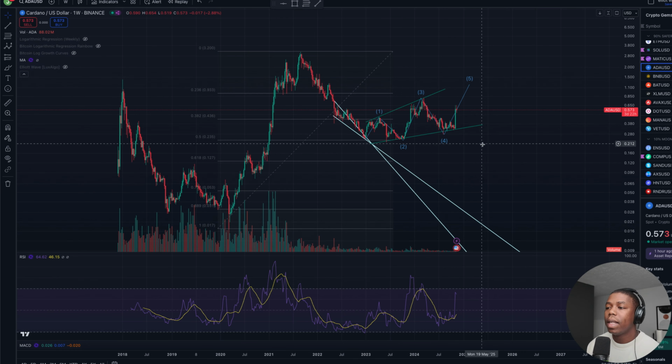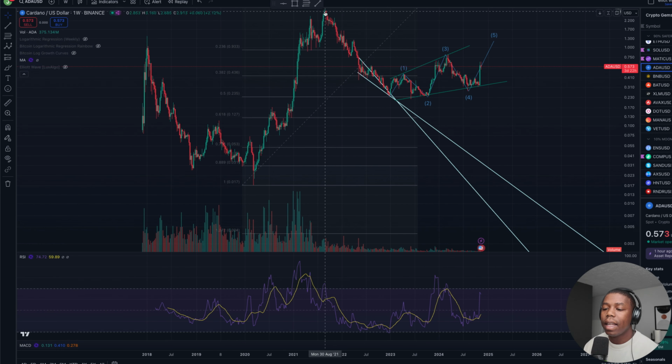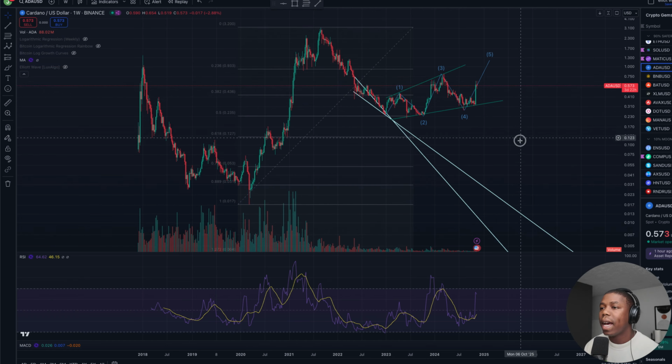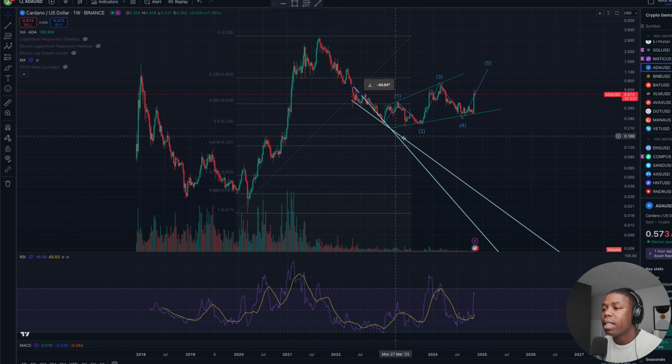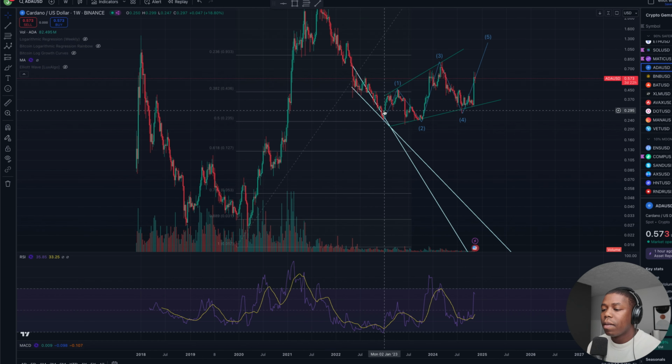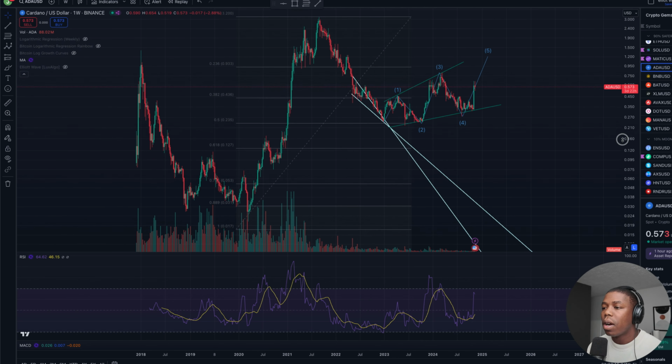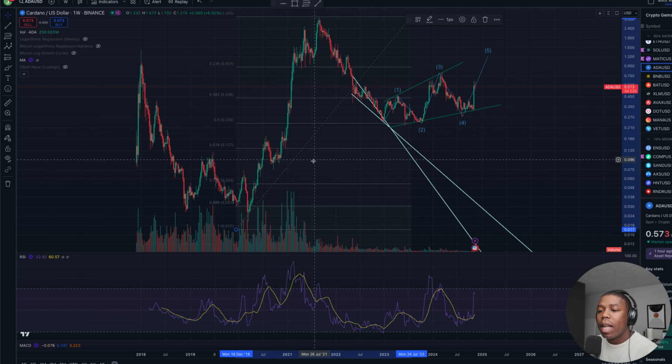So during this last bull run that ended in 2021, we had an all-time high of right around $3.20. We've been pulling back ever since until we got to the start of 2023. And that's actually the start of this expanding diagonal. You also see that I have a Fibonacci retracement tool on this swing low and then up to the all-time high.